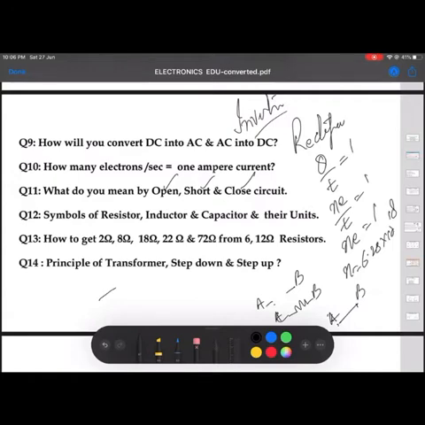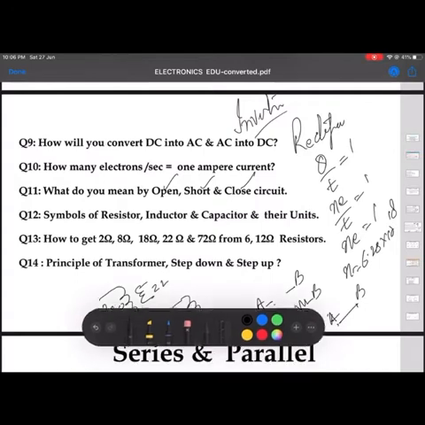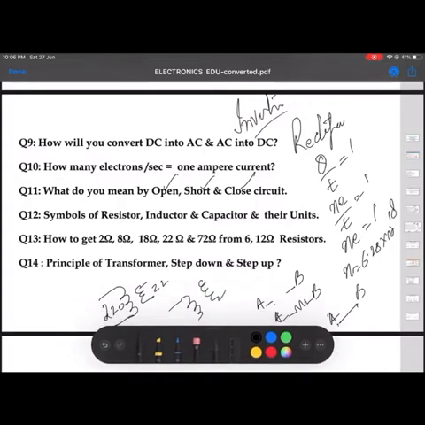Now there is a device called a transformer which looks something like this. It has a primary turn and secondary turns. If the voltage is, for example, 220, you can make it 22. Then there is a step up transformer where the number of turns in the secondary are more. This is primary, this is secondary. If I assume it is 220, I can make it 2200 volts. Step up, step down.